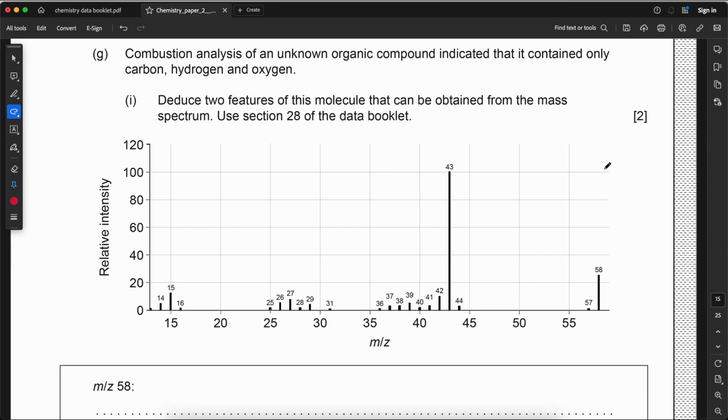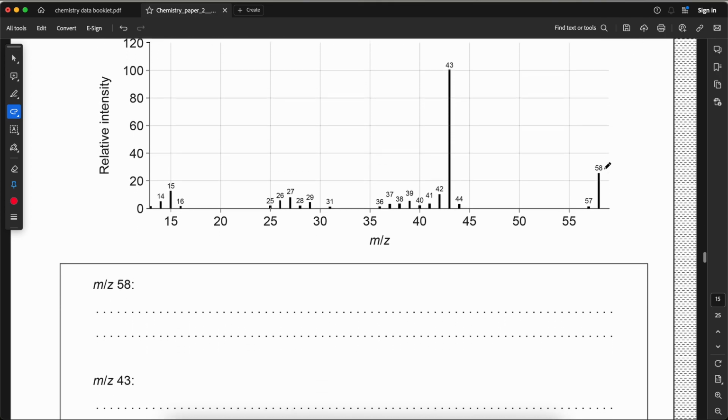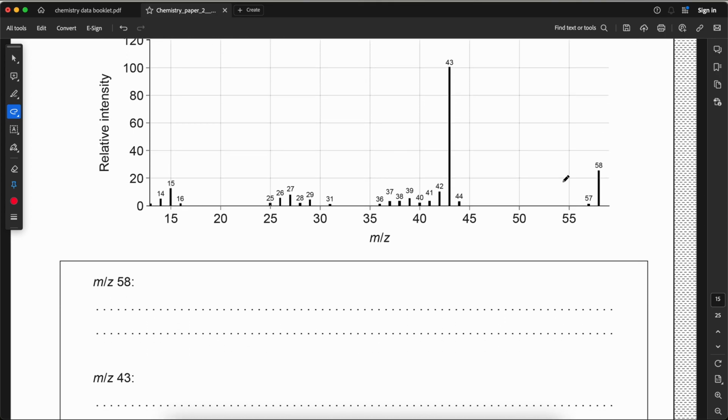Combustion analysis of an unknown organic compound indicated that it contained only carbon, hydrogen, and oxygen. Deduce 2 features of this molecule that can be obtained from the mass spectrum. Use section 28 of the data booklet. Okay, when it's 58, I always say the biggest number on the spectrum would be the actual compound.